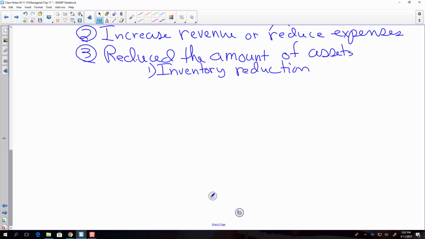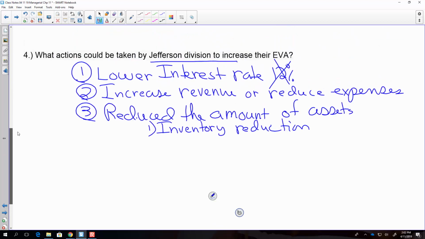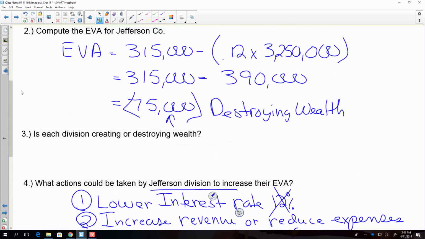So any type of asset reduction, in other words, make this 3 million something smaller by getting rid of assets, or reduce equipment, right? Not used.